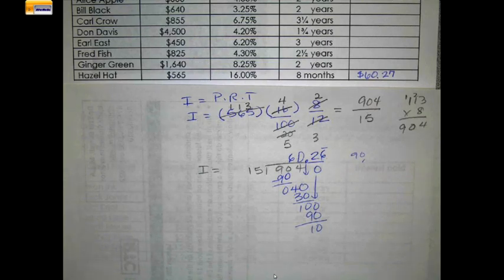Even when I use the calculator, I get the same answer. Okay, put in 565 times 0.16 times 8, and then divide it by 12, because it's 8 out of 12 for the time. And you should get 60.2666666, which is what I got here when I divided, and then round it, and you should get 60.27. Janita, did you get that?